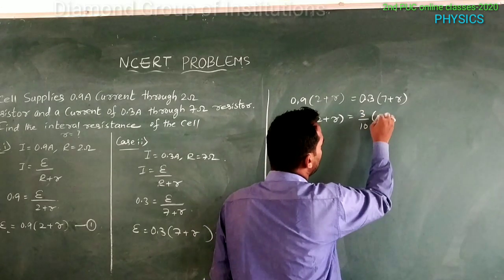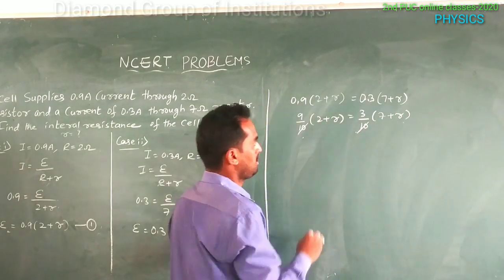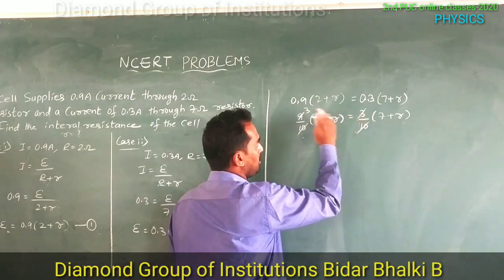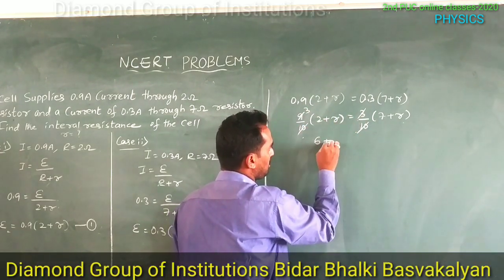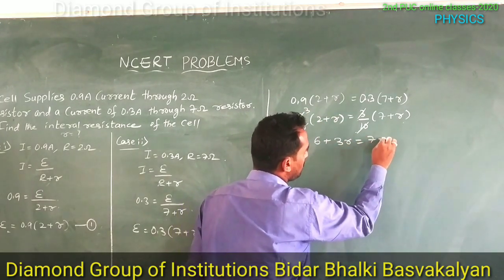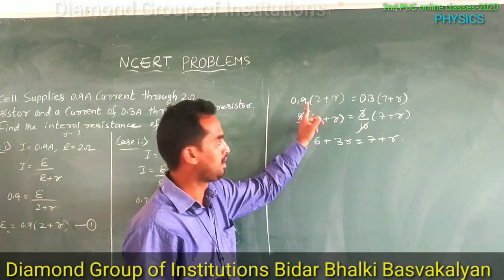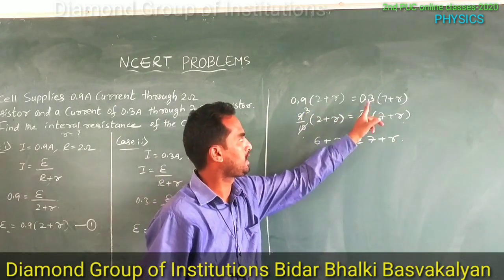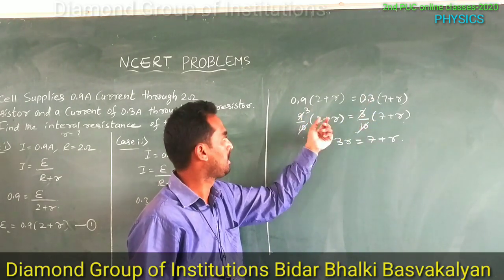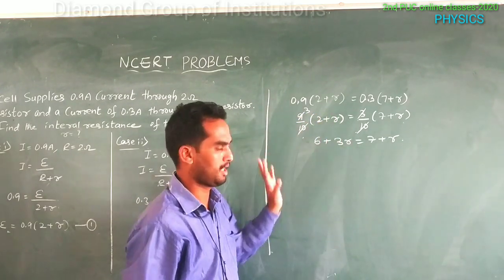The 10 cancels. 3 ones are 3, 3 nines are 9. Removing the bracket, 3 twos are 6, plus 3 into r, 3r, equal to 7 plus r.